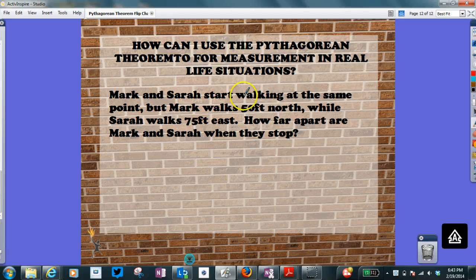All right, I will tell you this. I decide I'm going to go ahead and work this out because I've got another one I'm going to give you in class. When you work this out, Mark starts walking 50 feet north. So he's going north, but then Sarah walks 75 feet east.